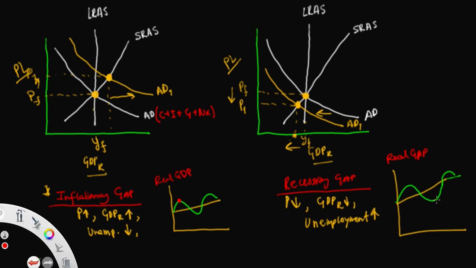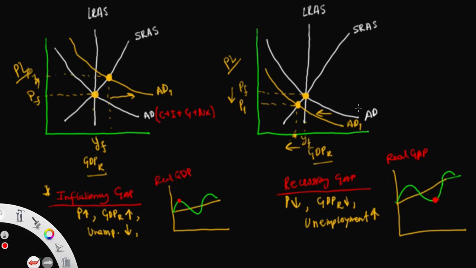We would be at the lower point, at the trough in the business cycle, because we're experiencing lower GDP, lower price levels, and higher unemployment. So this would mean that we would be experiencing a recession. We would be at the trough, the lower end of the business cycle.